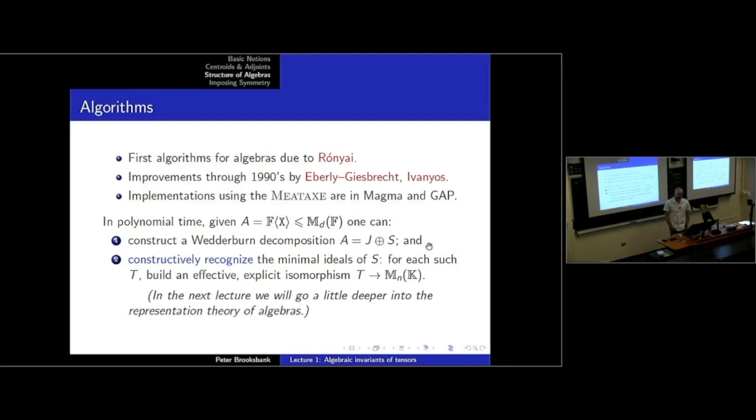And I'll mention as well that there are implementations, certainly in Magma, that heavily use the MeatAxe. I mention Magma because I was involved in the implementation of those things, so I know that they exist there. And these are algorithms that are in fact distributed with the system itself. So you may recall that some of the tools that Josh was mentioning yesterday are available on GitHub, part of the TensorSpace site on GitHub. There are some parts of this machinery also distributed with the system. And what I'm talking about below here certainly is.